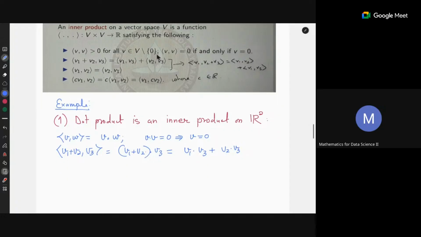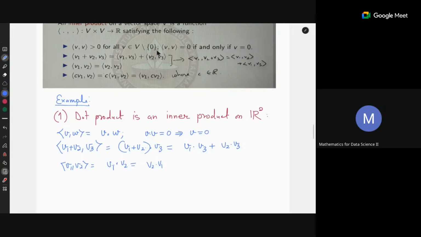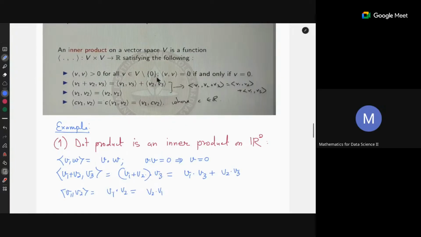And similarly, the fourth condition and the third condition. It is also symmetric. Also, v1 dot v2 is the same as v2 dot v1, right? It doesn't change. Is it clear to everyone? Yes, sir, no doubt. Okay. All right. So dot product is an inner product.